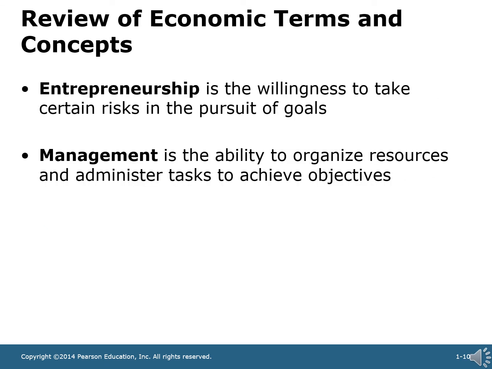Now, entrepreneurship tends to be associated with the ownership of the means of production or the ownership of the company itself. But it also is the willingness to take certain risks in the pursuit of business goals. So for instance, that could be producing a new product or providing a completely different type of service. It could be using a completely different means of manufacturing and different manufacturing style or management style.